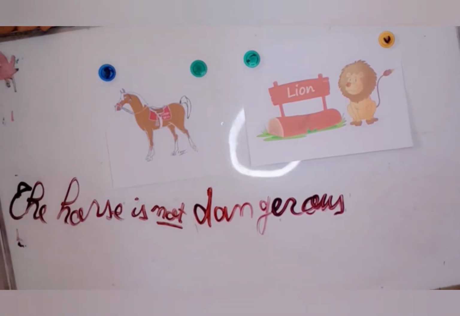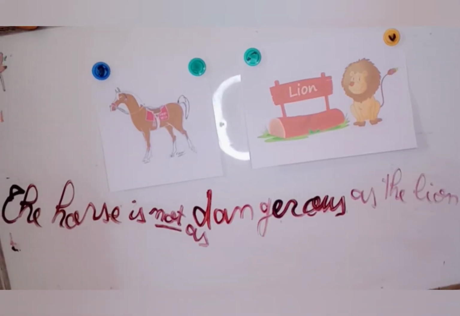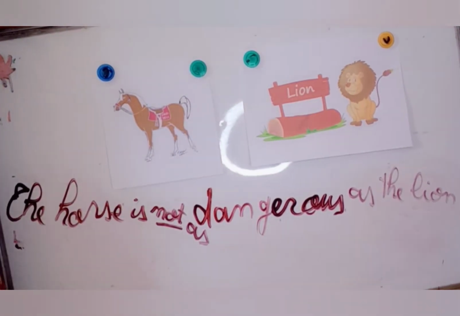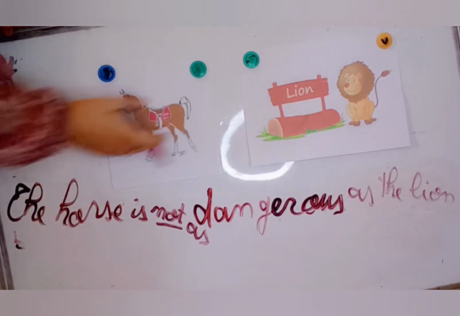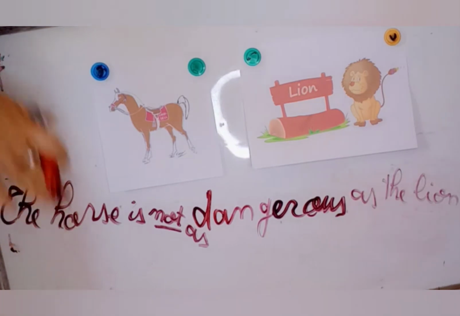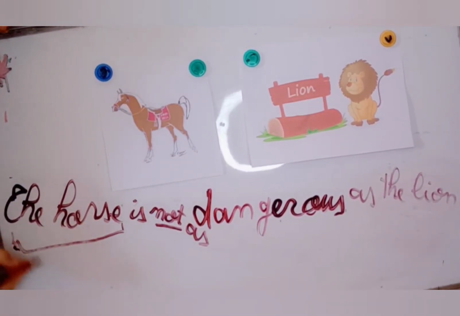What does it mean? Not, it means negative. Not as dangerous, of inferiority. What does it mean, inferiority? عدم مساواة. Dangerous, الخطر. They are not sharing the same quality. The horse is less dangerous than the lion. That's why we are making comparison with not.